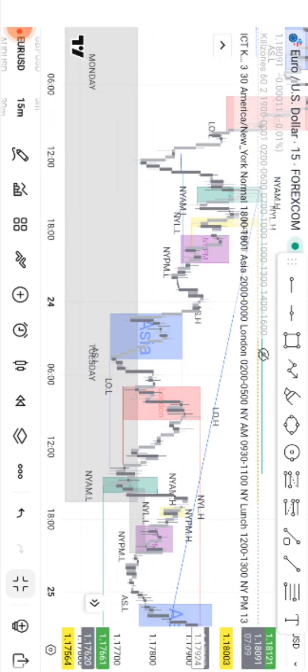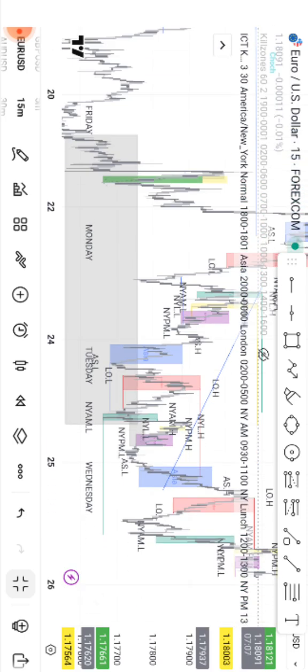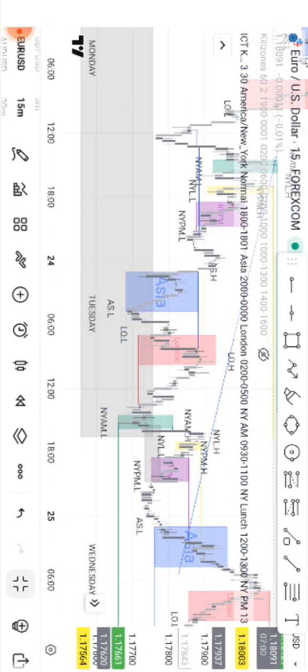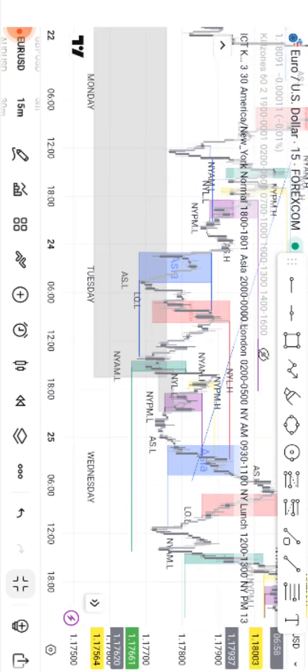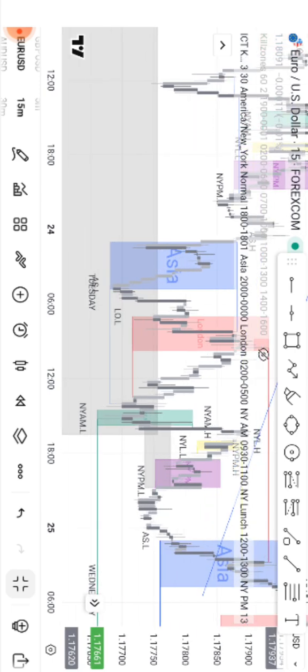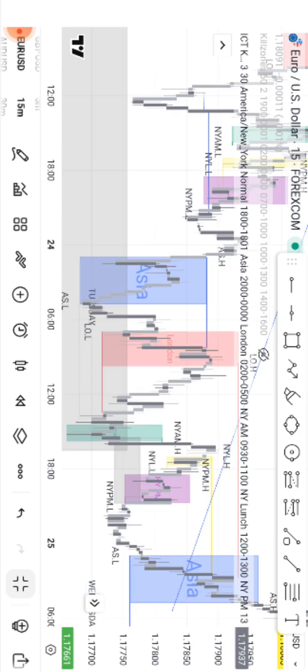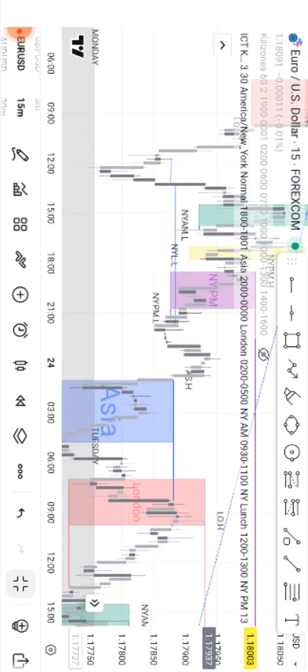So if we understand that price came back down to our discount, our support here, and this is the Asian high, all we need to find out is whether the Asian high is being taken out.